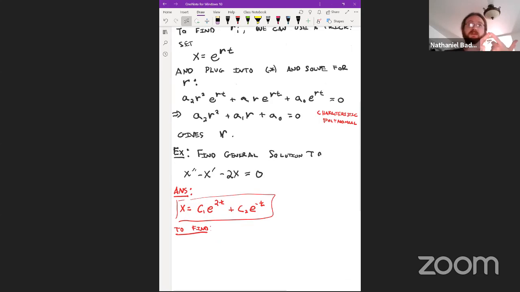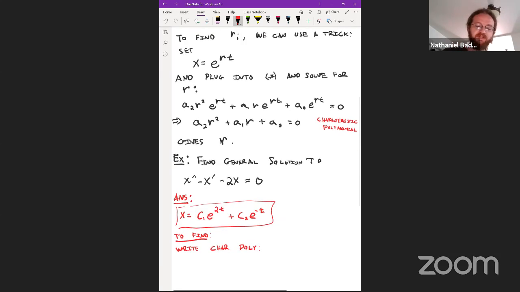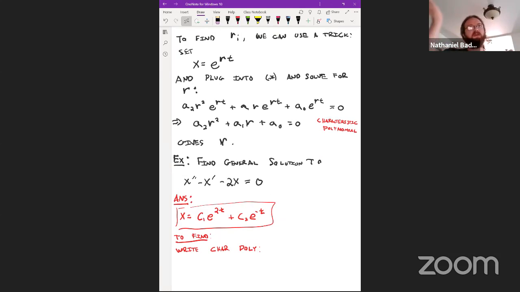So the first thing we do is write down the characteristic polynomial. And the characteristic polynomial is really straightforward, right? The relationship here is that each time we take a derivative of e to the rt, we bring down one factor of r. We're going to then divide through by e to the rt.